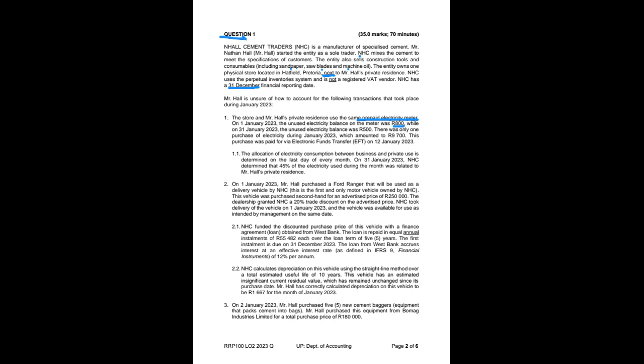Okay. Then we continue on with the next sentence that says there was only one purchase of electricity during January 2023, which amounted to 9,700 Rand. This purchase was paid for via EFT, right? So that means it came out of our bank. Although the examiner didn't need to really tell us that it came out of our bank, because clearly, because it's prepayments, it means we've paid it in advance.